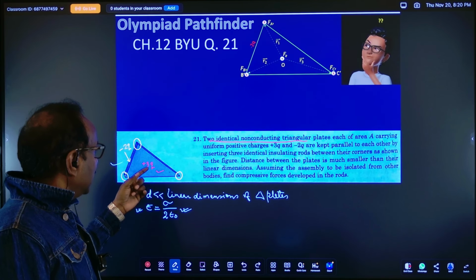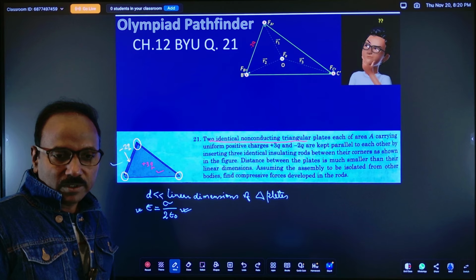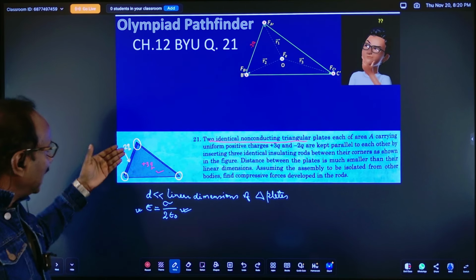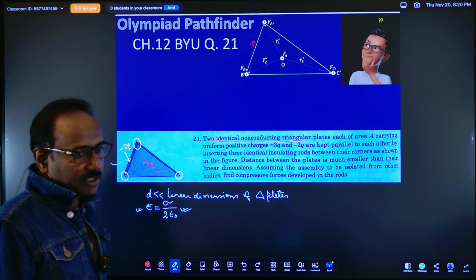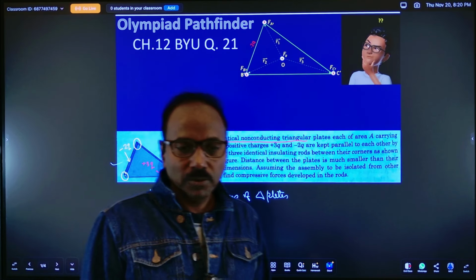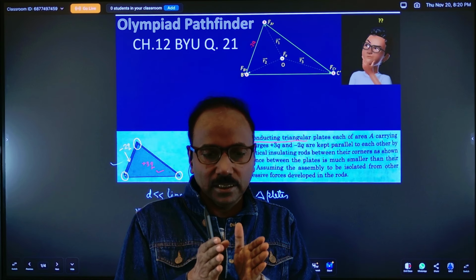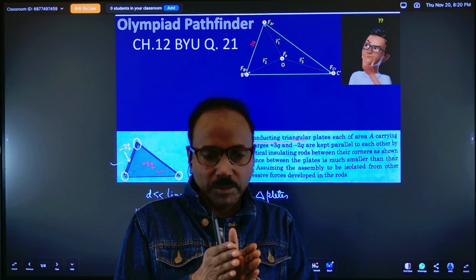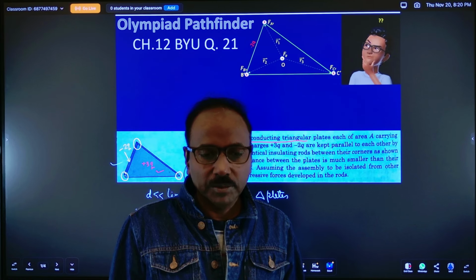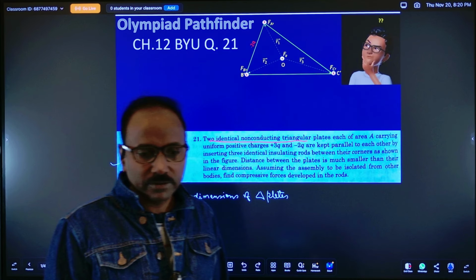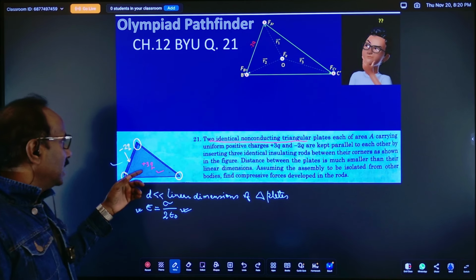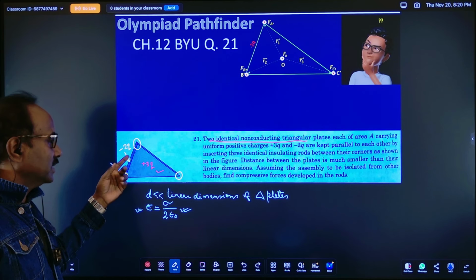So the front plate is having positive charge. The backside plate is having the negative charge. So we know that positive and negative charges attract each other. So there will be a force of interaction between the front plate and the plate which is behind.